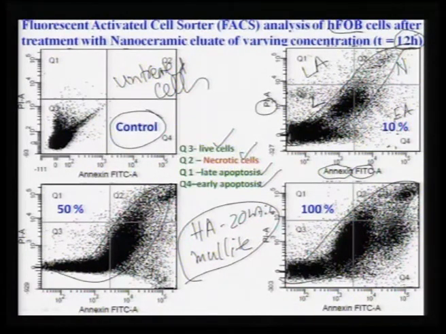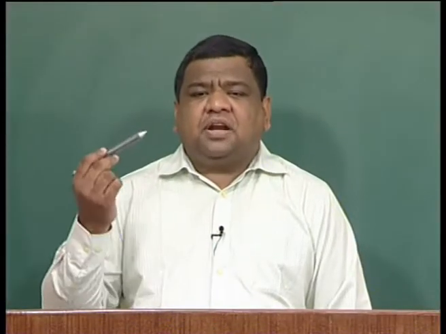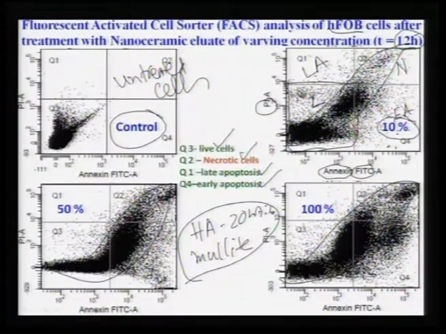After 10% eluate treatment, that means 10% of the hydroxyapatite 20% mullite eluate, you see your live cell coordinate has the most number of cells, that means most of the cells are live. However, you do see a noticeable number of cells in the necrotic phase, also in early apoptosis, with a few cells entering the late apoptosis stage.